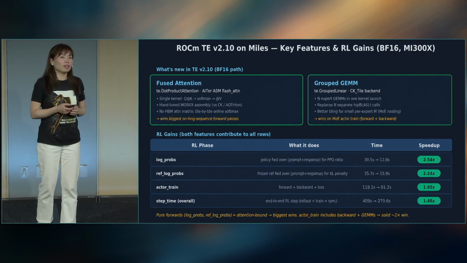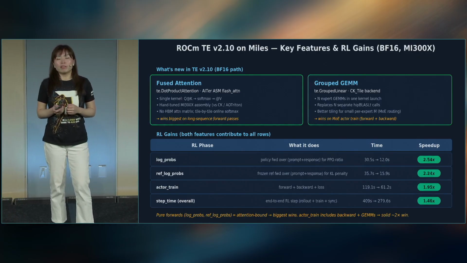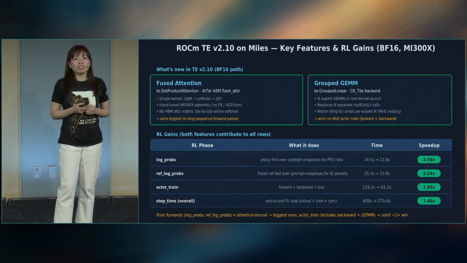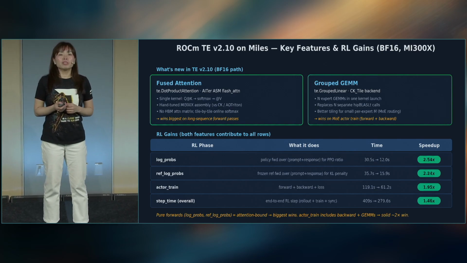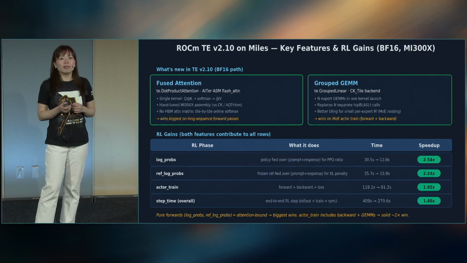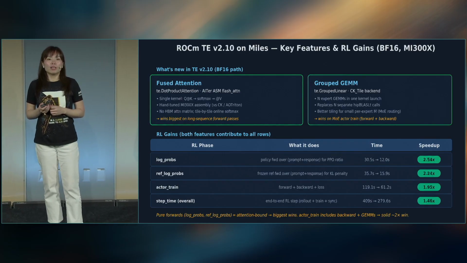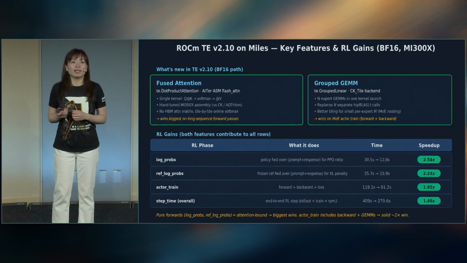It's hand-tuned on MI300 and significantly reduces memory traffic, especially for long-sequence calculation. For grouped GEMM, we combine multiple expert GEMMs into a single kernel launch, and also combine multiple hipBLAS calls. This is super important for MoE workloads because it can improve actor train performance a lot.